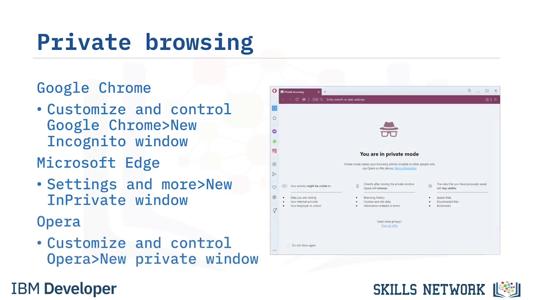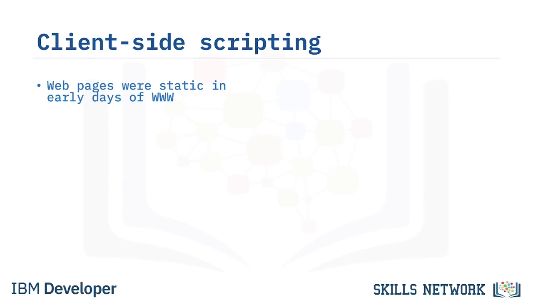And in Opera, you select the Customize and Control Opera logo in the top left corner, then select New Private window. Alternatively, in all three of these cases, you can use the shortcut key, which is Ctrl+Shift+N. But in the Mozilla Firefox browser, the shortcut is Ctrl+Shift+P.